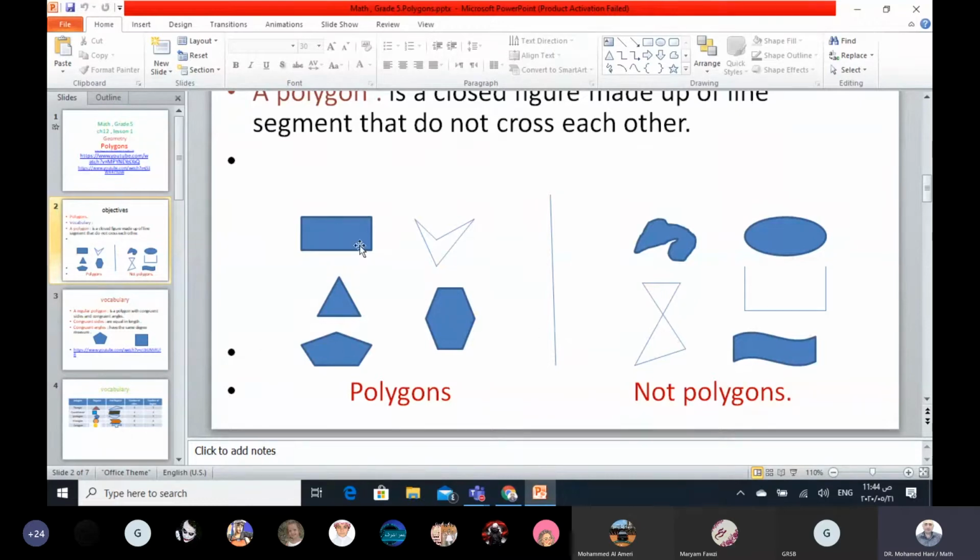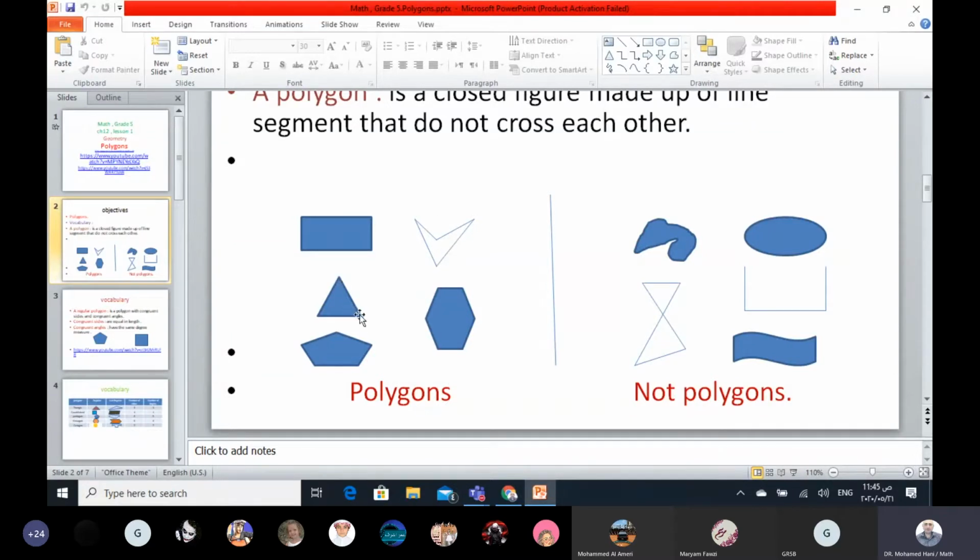In the second set here on the left, here we have a closed shape and we have straight lines, we have angles, and we don't have a cross. So this is a polygon. This is a polygon. And here also. Here we have straight lines and a closed shape, and we don't have a cross here. So this is a polygon.